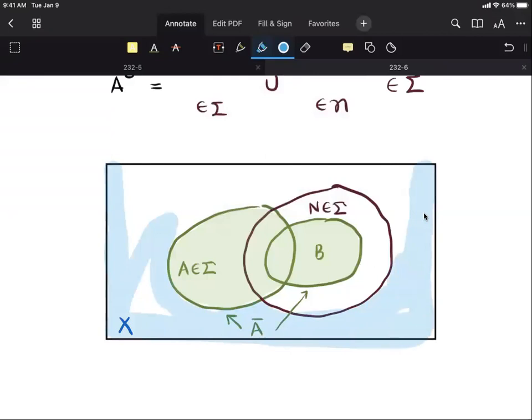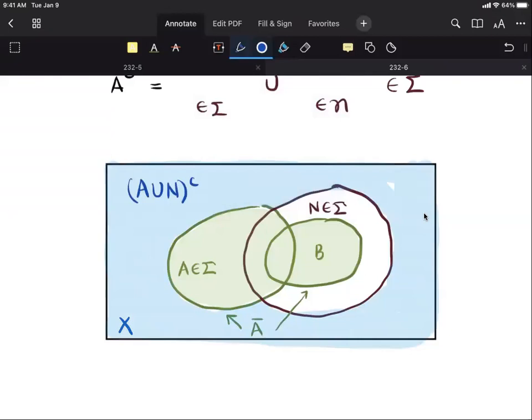The first part would be this region, the region being highlighted right now. And that would be what? A union N complement.